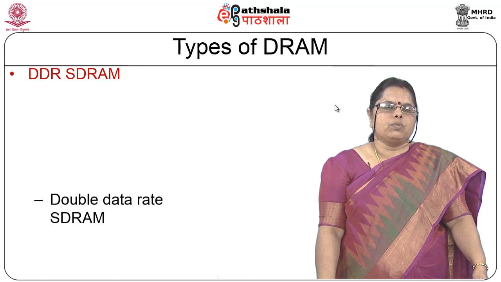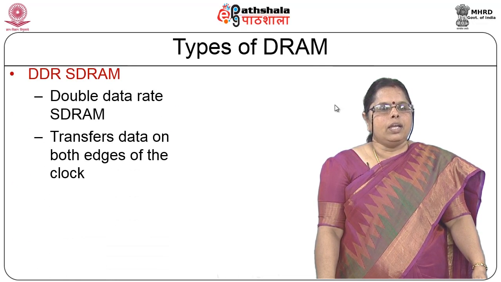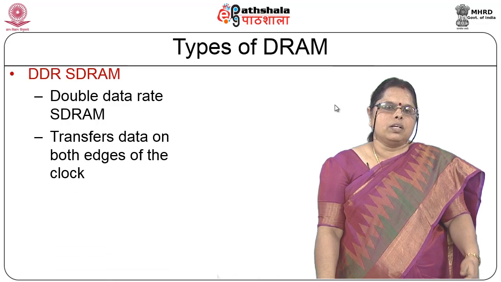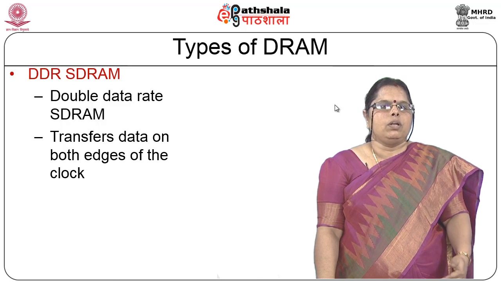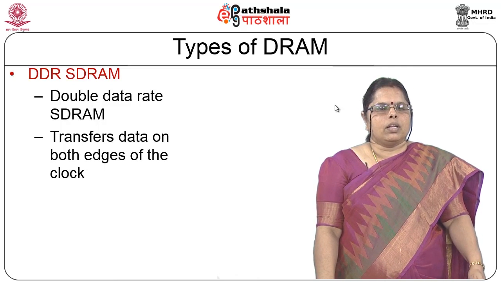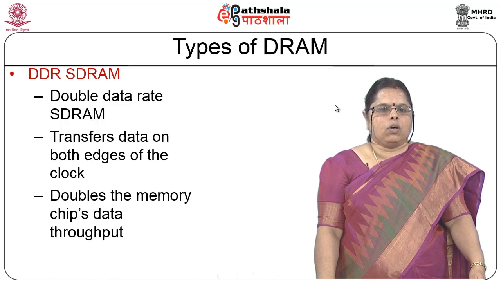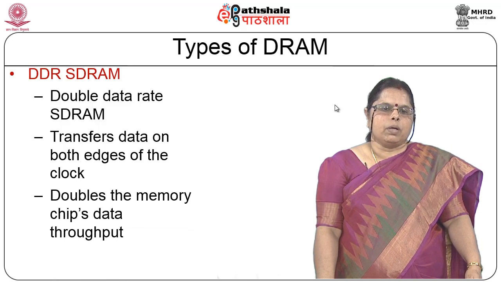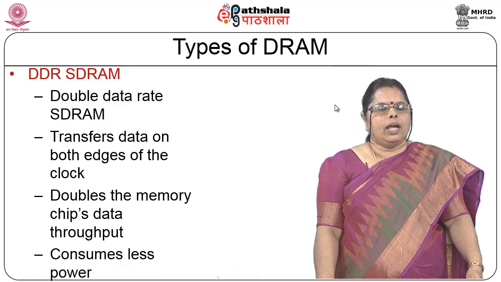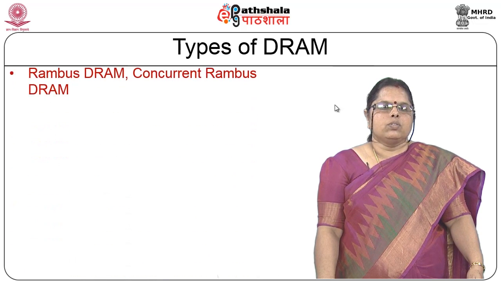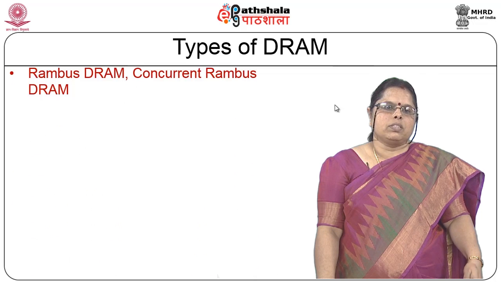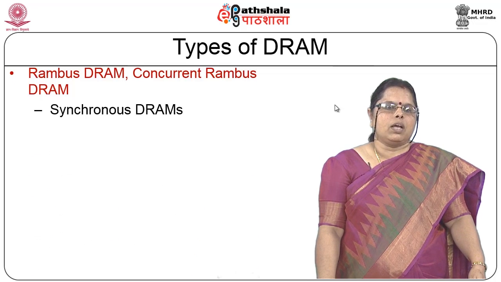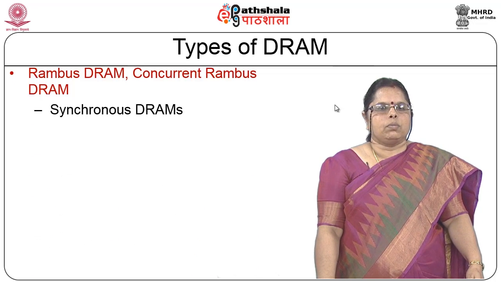The other type of DRAM is the DDR SDRAM, a double data rate SDRAM, where data is transferred on both edges of the clock. This obviously doubles the memory chip's data throughput and it consumes less power. The other optimizations are the Rambus DRAM or the concurrent Rambus DRAM.